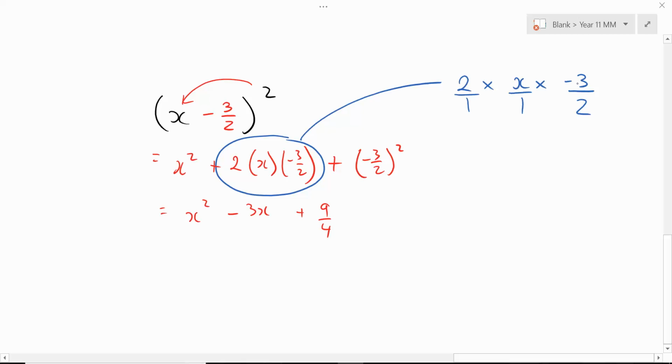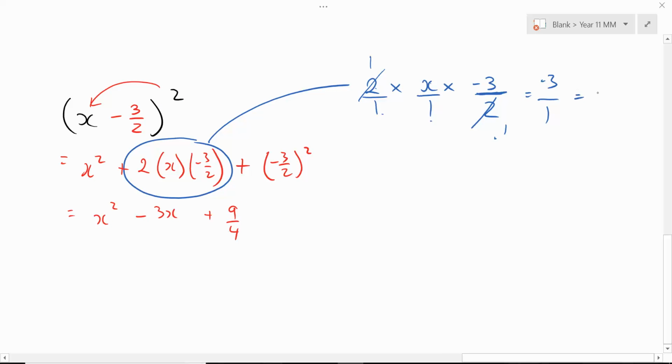Now we can do cross simplification. Remember, this means divide. 2 divided by 2 is 1. And in the numerator, 1 times x times negative 3 is negative 3. 1 times 1 times 1 is 1. That's why I knew it was negative 3x, because x times negative 3 is negative 3x. That's how I got negative 3x here.